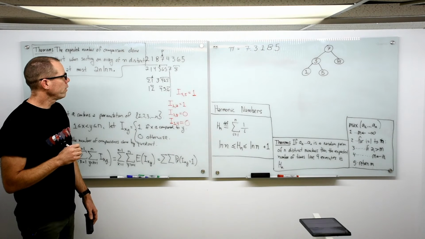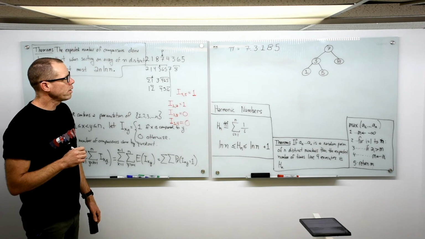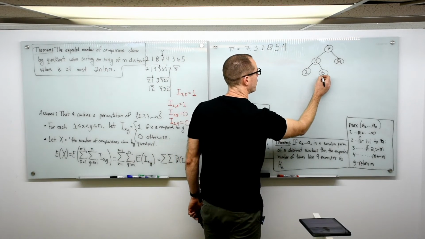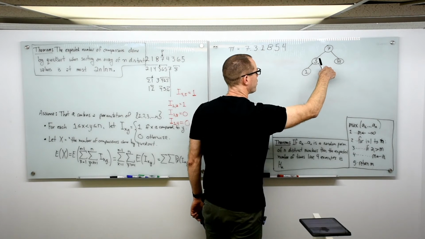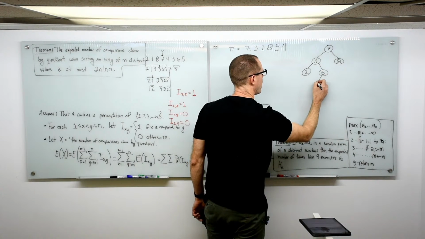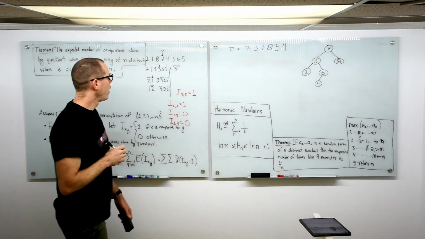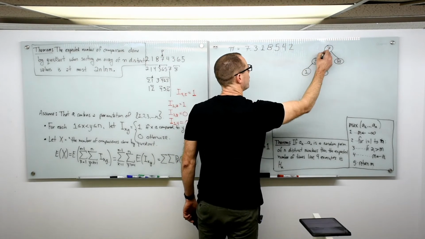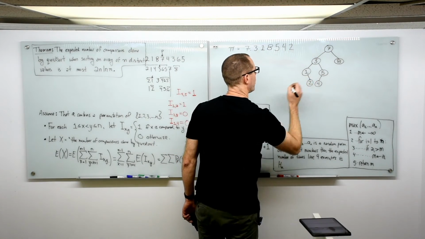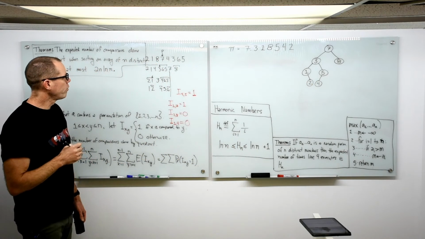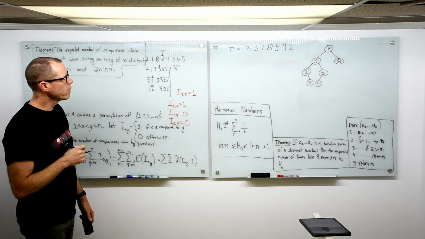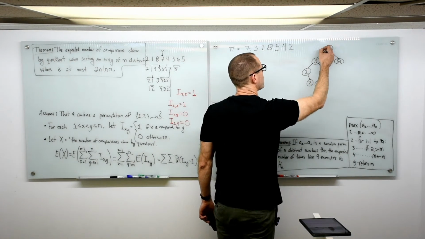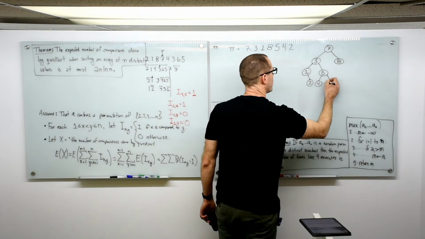And maybe next we see 4. So smaller than 7, bigger than 3, smaller than 5, so it goes there. Maybe the next thing we see is a 2. So that goes there. And then finally the next thing we see, I think there's only one thing left: 3, 4, 5, 6. Smaller than 7, bigger than 3, bigger than 5. 6 goes there.